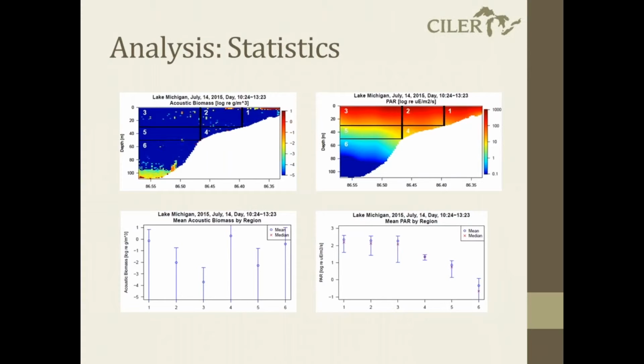Just looking at these regions and what we might find from plotting mean values. With PAR on the bottom right plot, you can see how as you get deeper into the water column, you see less light penetration, just as you would expect. But with mean acoustic biomass within the regions, you don't necessarily see a very clear pattern in the data. So looking at this, maybe not conclusive, so go on to something else.